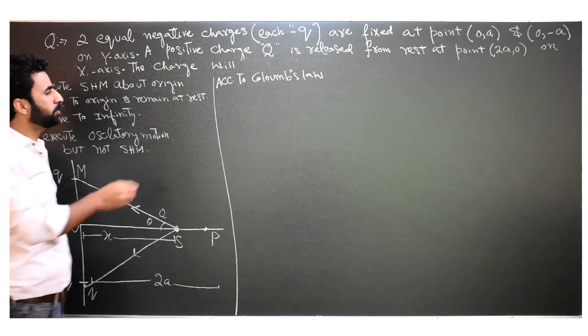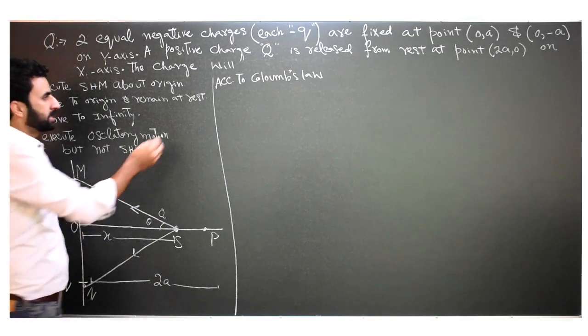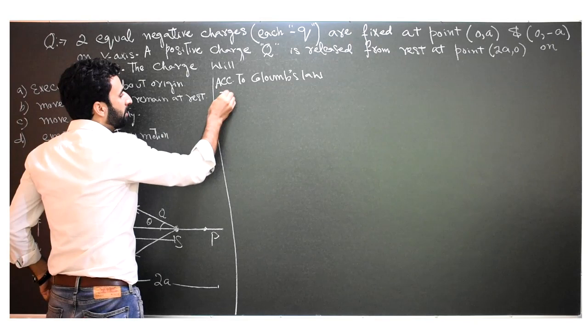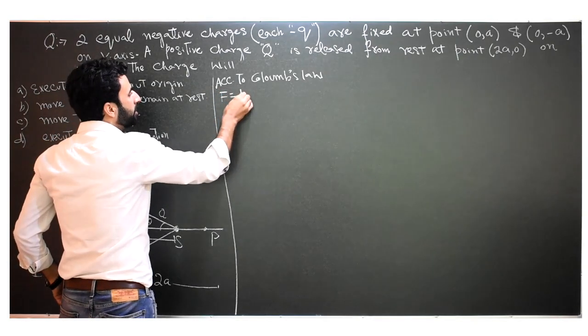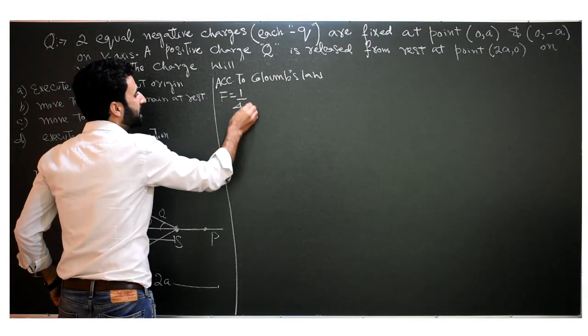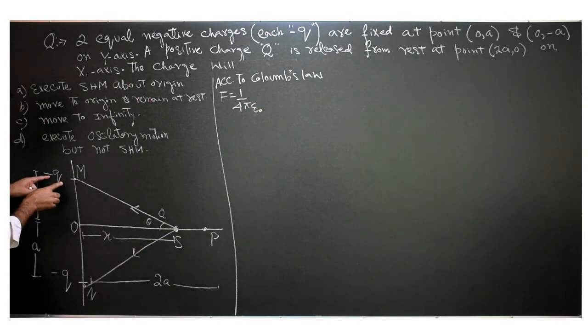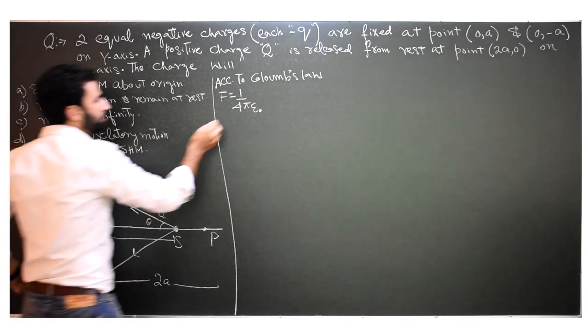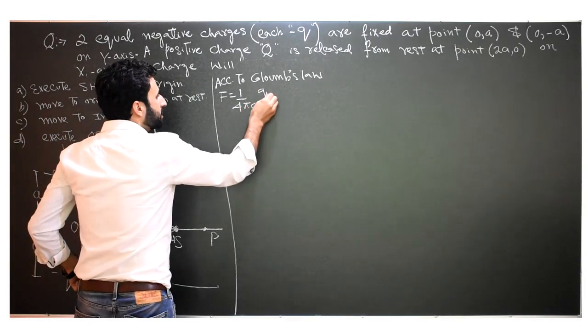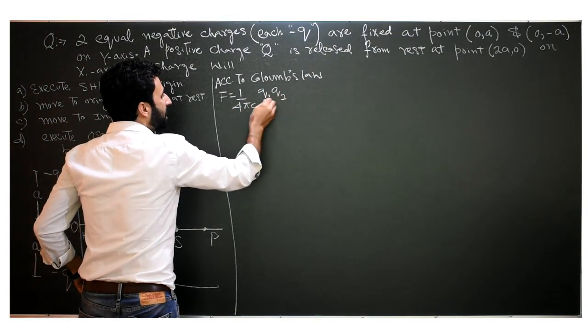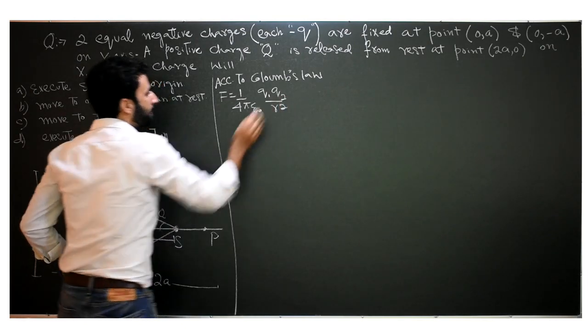And by incorporating the electrostatic force constant, you have Coulomb's law in this form: F is equal to K, or 1 by 4 pi epsilon naught, Q1 Q2 divided by R square. This is Coulomb's law.